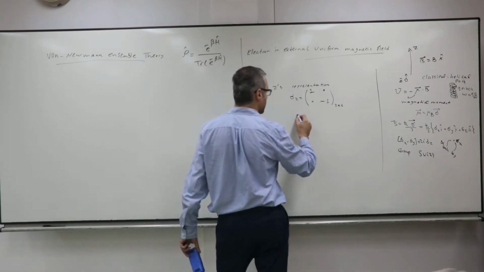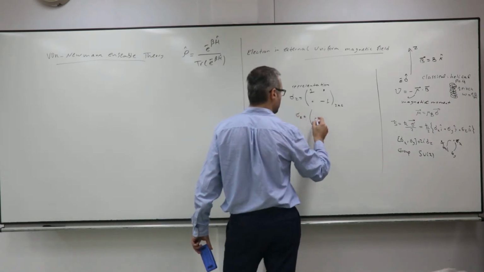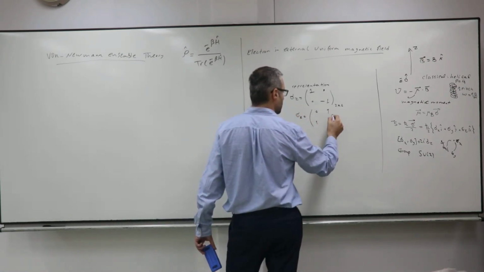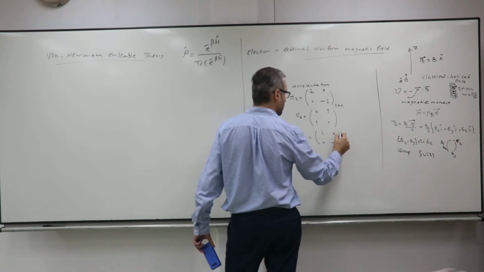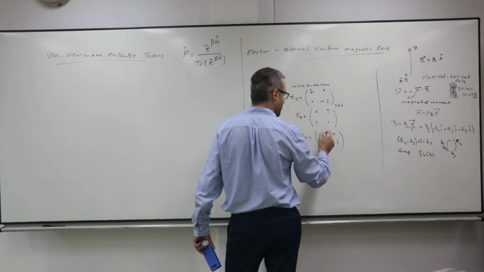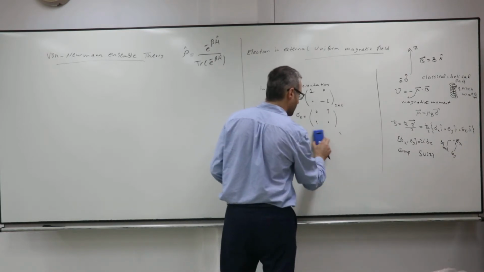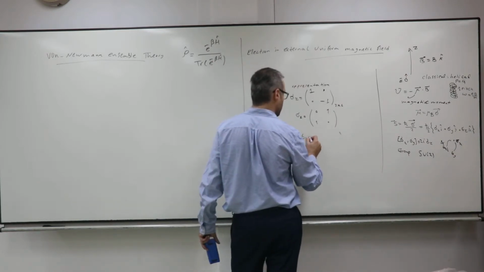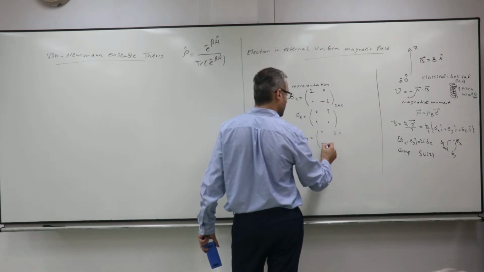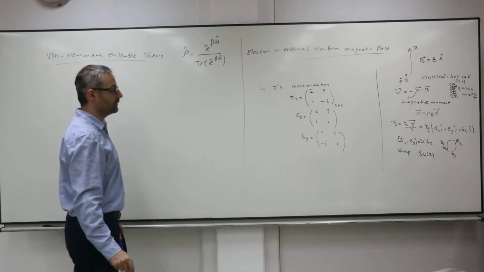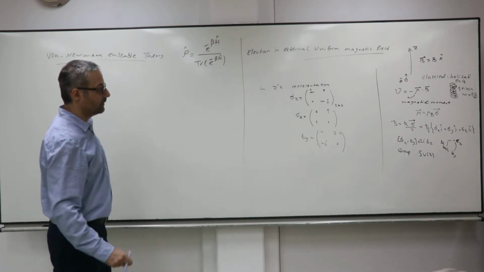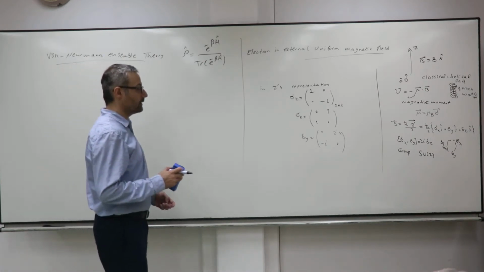By this way, sigma x will be (0, 1; 1, 0), and sigma z will be (1, 0; 0, -1). Sigma y will be (0, -i; i, 0). So this is the form for the matrices.